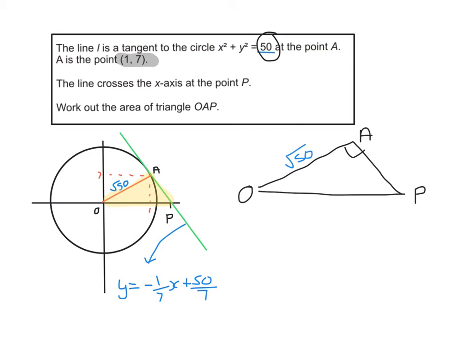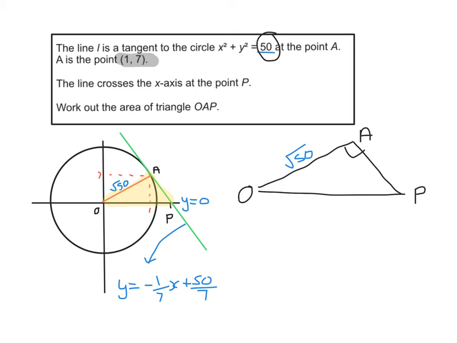I don't know what this one is. But I know it's when this line here crosses the x-axis. Now the x-axis is also y equals 0. So what I'm going to do now is substitute y equals 0 into this equation to see what x is when y is 0.